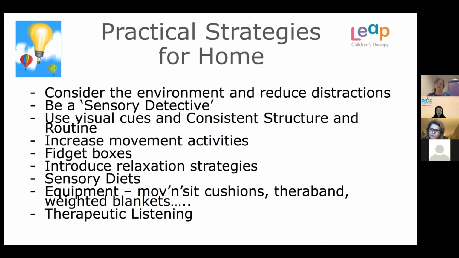Sensory diets is a bit of an old term now, but basically that's about those arousal levels. So it's having a balanced diet of sensory input throughout the day that fits your own sensory profile. If you're somebody who's a bit more of a sleepy person that needs a bit more alerting, you might find that if you're going into a meeting, you maybe need to go for a little walk first, or you do need the coffee and you do need to go in there with crunchy sweets or something just to keep you alert.